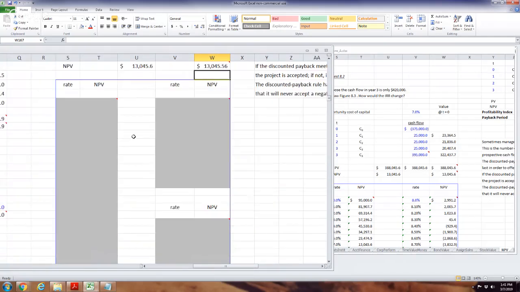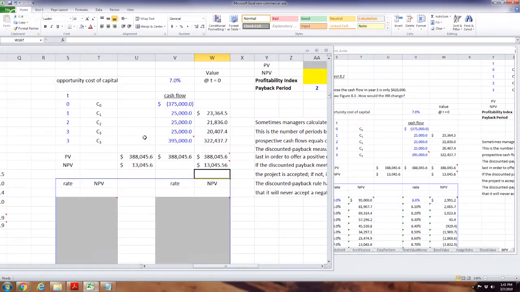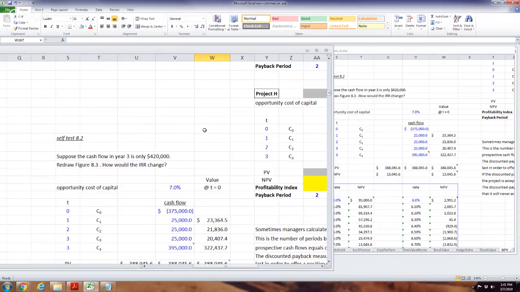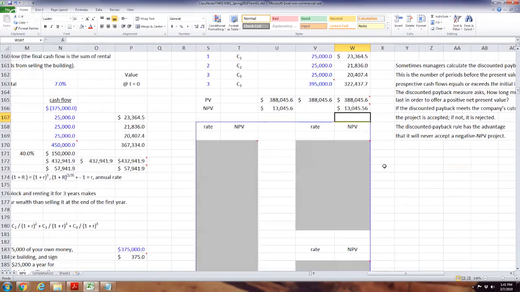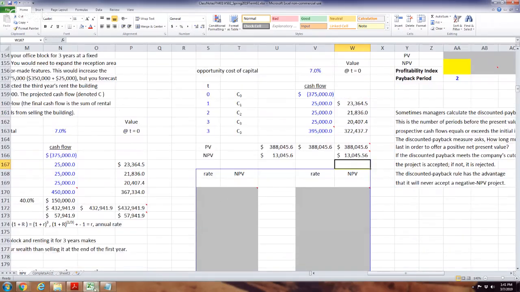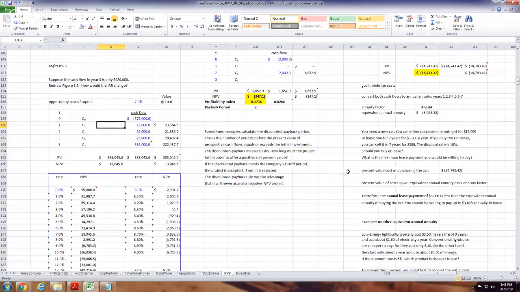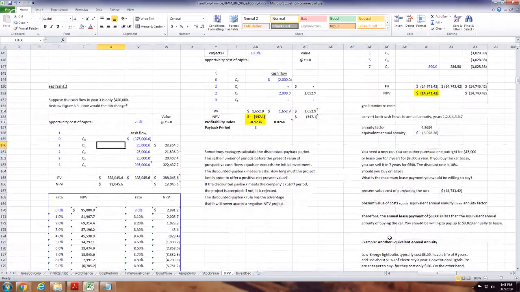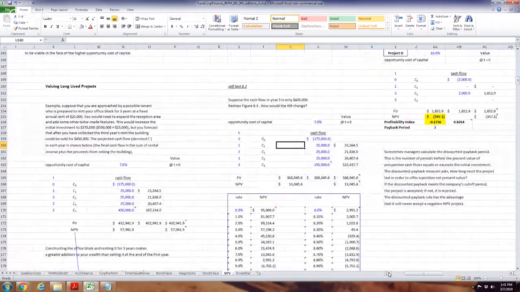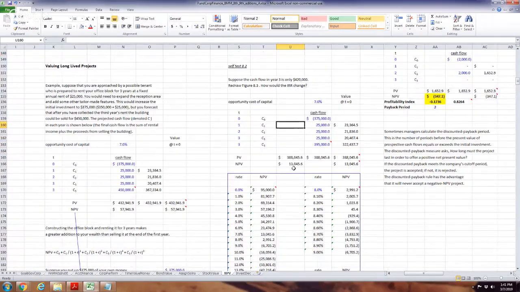So this changed, and the NPV has changed now, and you could start comparing. Just from an NPV perspective, compared to the one right across the board here, you're down to 13,000, right?